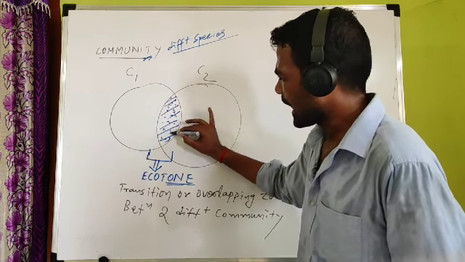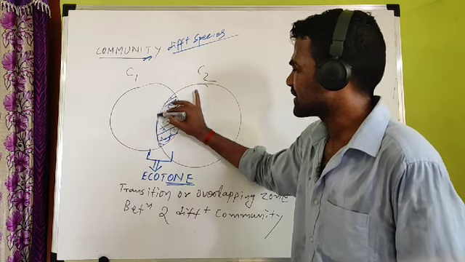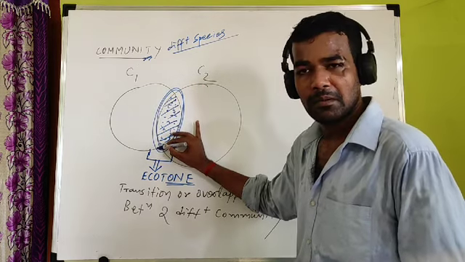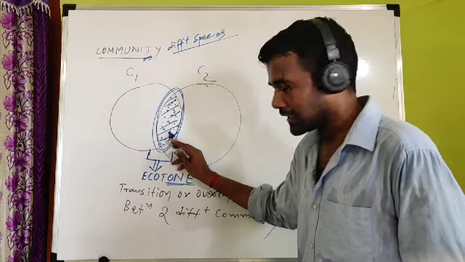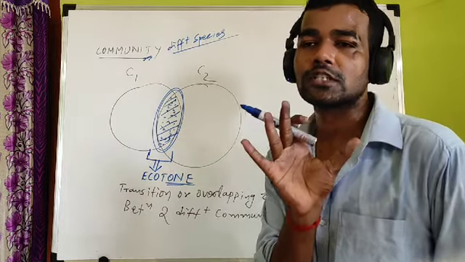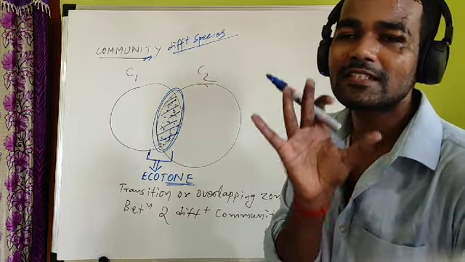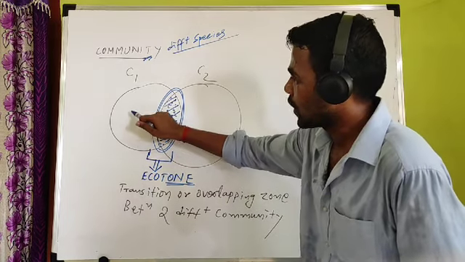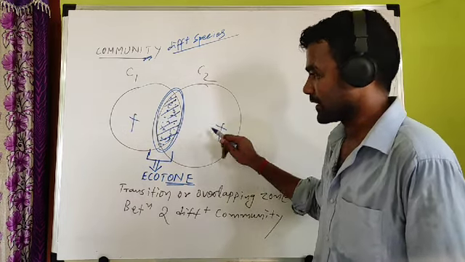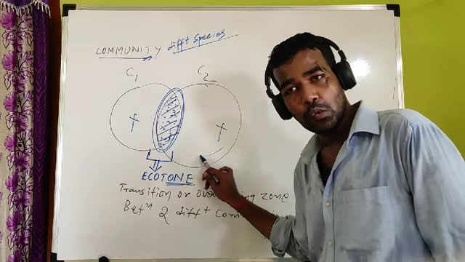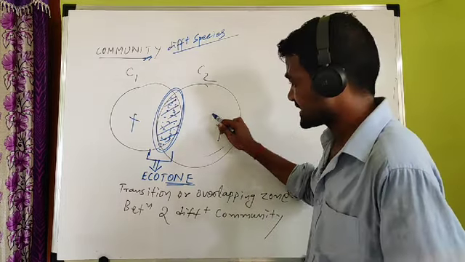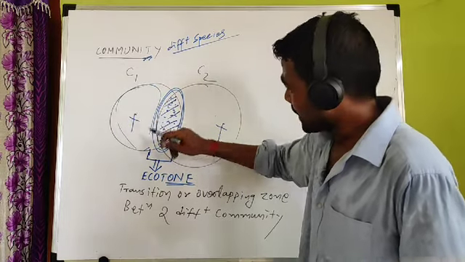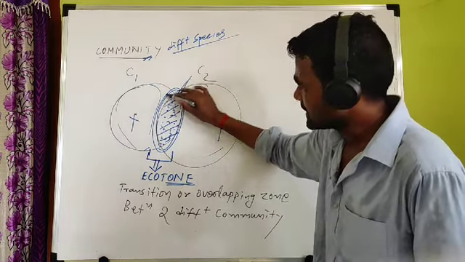This region contains high diversity, the highest type of species, not in the part of community 2 or community 1. Species are present there too, but the highest are found here.